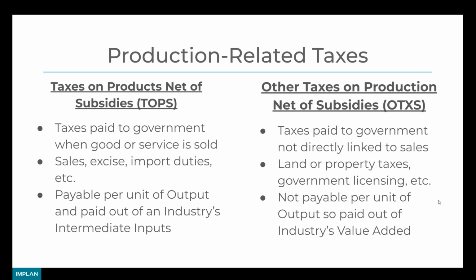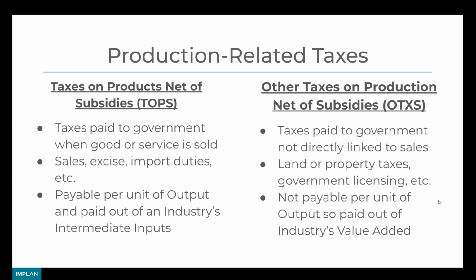Because it is linked to a unit of output, they are paid out of an industry's intermediate inputs. On the other hand, other taxes on production net of subsidies reflect taxes that producers pay to the government that are not directly related to product sales. These types of taxes generally include land or property taxes, government licensing fees, and taxes on assets or labor employed.